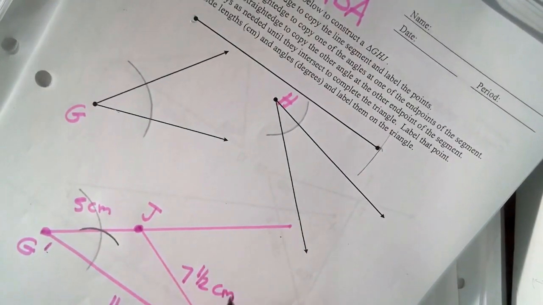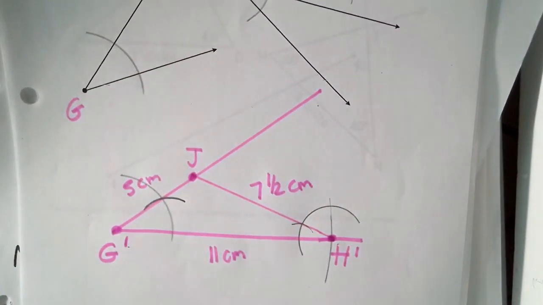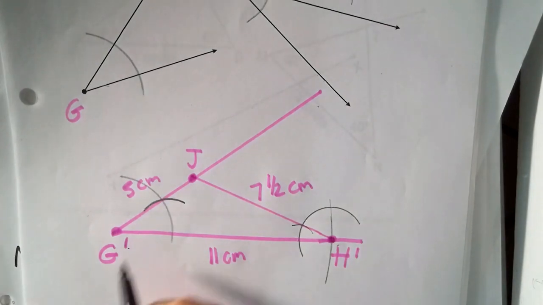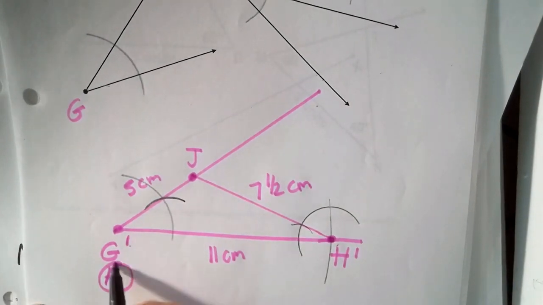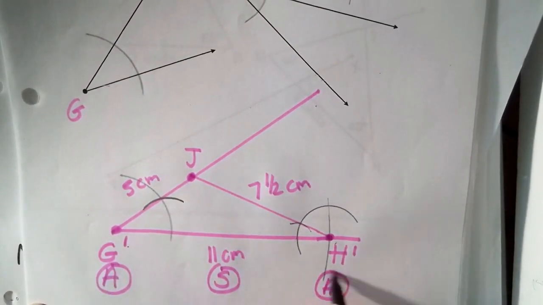So what I'm guessing by the time you're done measuring, we probably just made congruent triangles. So when I was given two angles and a side length, you probably made the exact same triangle I made. And what we were given was angle on this side, side in the middle, angle.